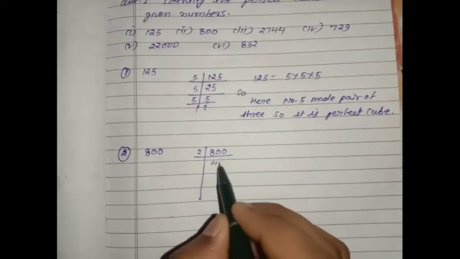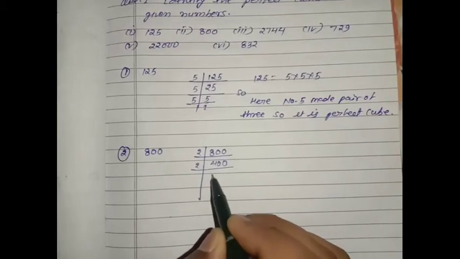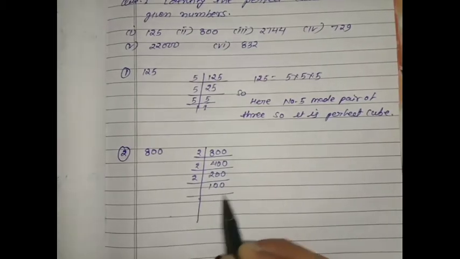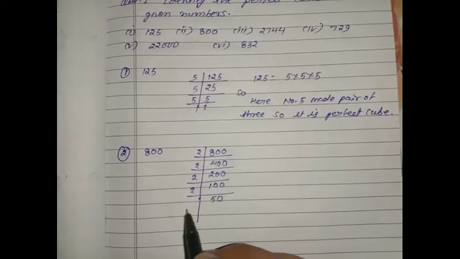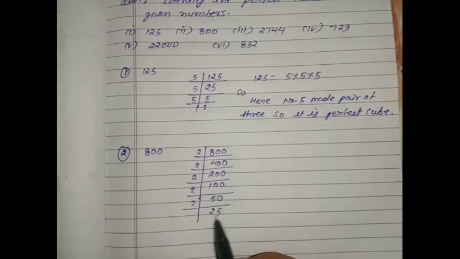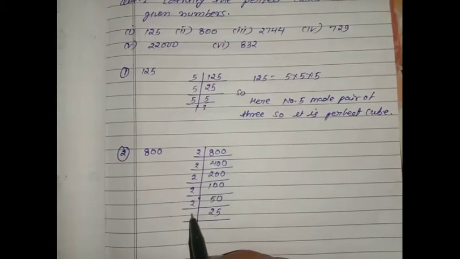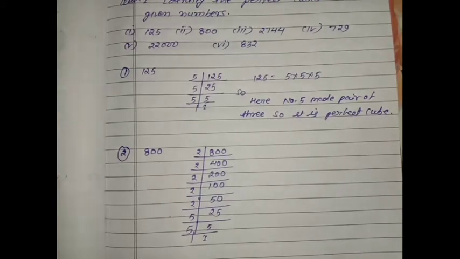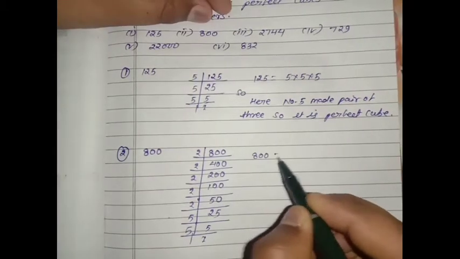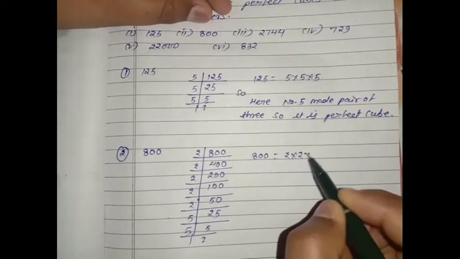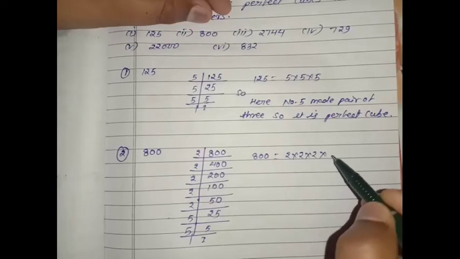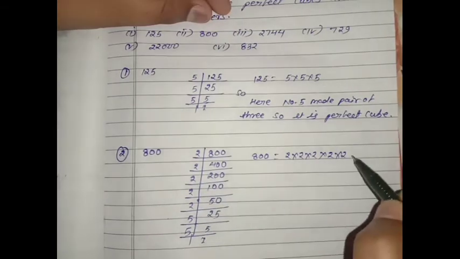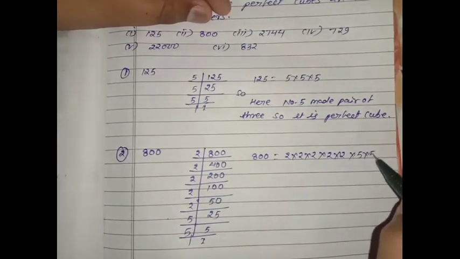First divide by 2, which gives 400, then divide by 2, which gives 200, then divide by 2, which gives 100, then divide by 2, which gives 50, then divide by 2, which gives 25, and now 25 is divided by 5, which gives 5, and 5 is divided by 5 one time. So here the prime factorization of 800 is 2 multiply 2 multiply 2 multiply 2 multiply 2, five times, and the last two 5s.